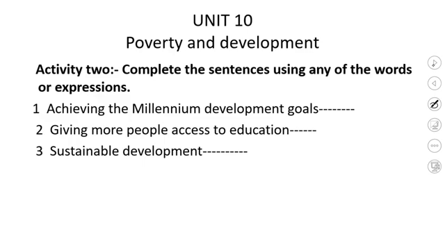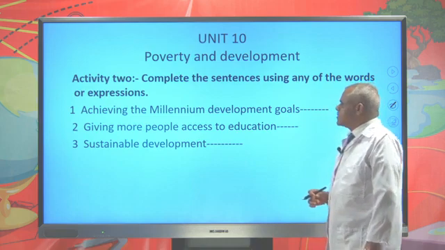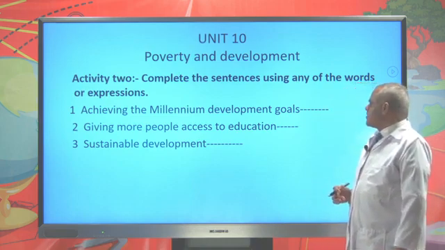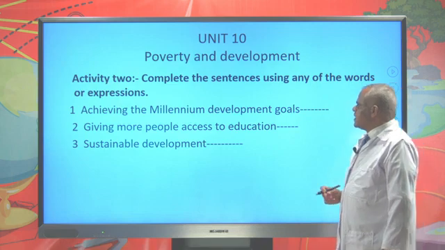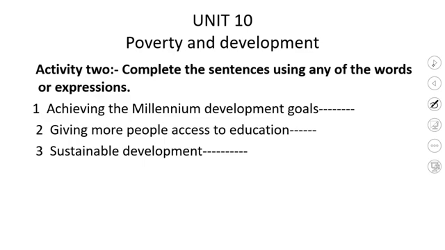Now, when it comes to the second activity, complete the sentences using any of the words or expressions. Achieving the Millennium Development Goals. You see? Let's take this one as a cause. What will be the consequence? Achieving the Millennium Development Goals will change our country to the next stage.